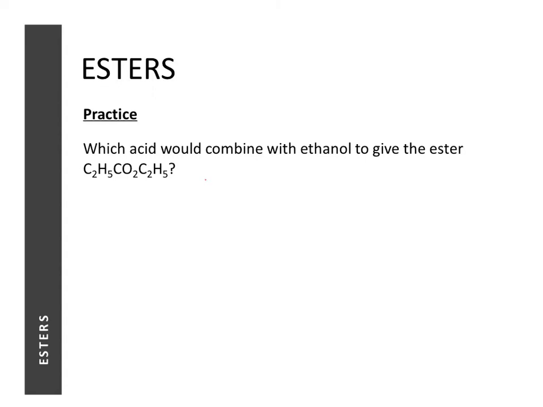And in the condensed formula of an ester, this CO2, or sometimes it can be written as this COO, represents your ester functional group. Whatever comes in front of the COO is from your acid, and this part is from your alcohol.